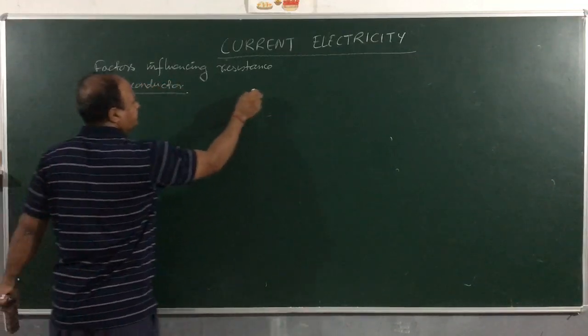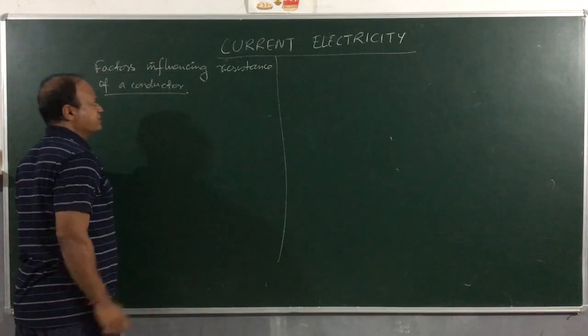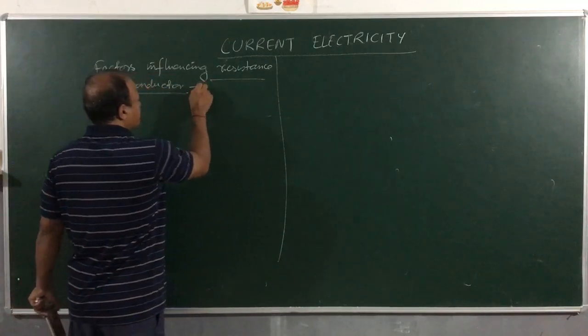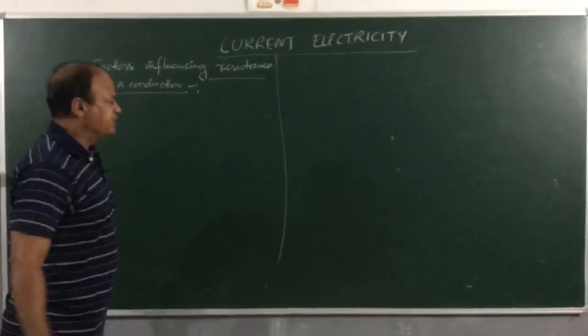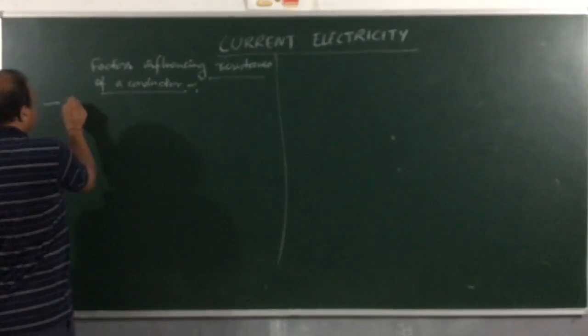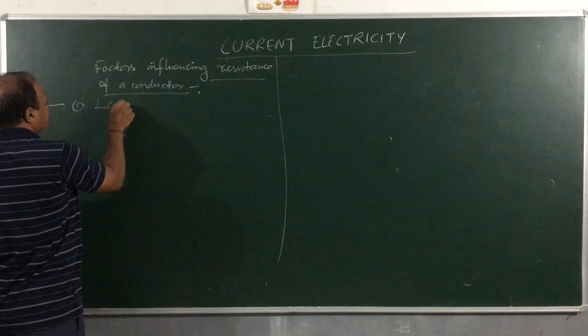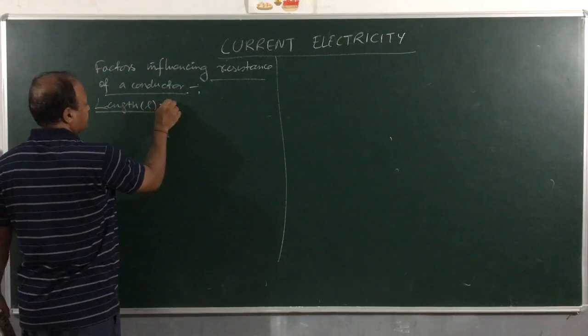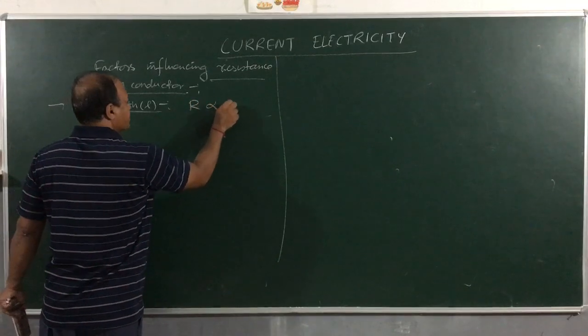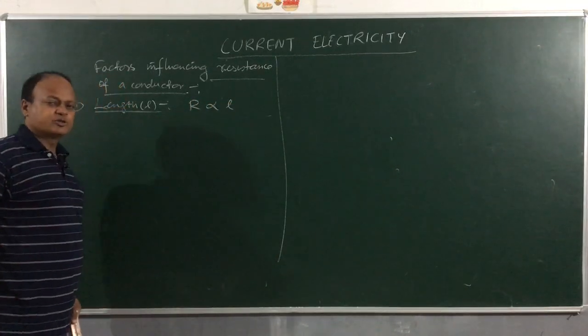Let us discuss the factors on which the resistance of a conductor depends. The first factor is length. Children, the resistance of a conductor is directly proportional to length.